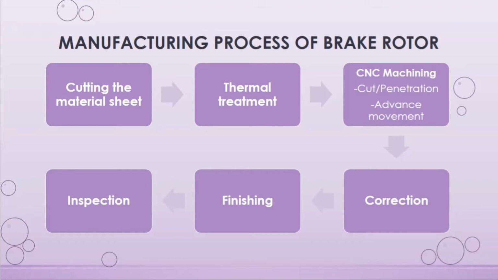The machining generates two movements. The main one is the cut-off or penetration, which erases the material of the piece, either cutting, piercing, and so on. The other is the advance movement, which directs the trajectory of the piece while the main movement is carried out.